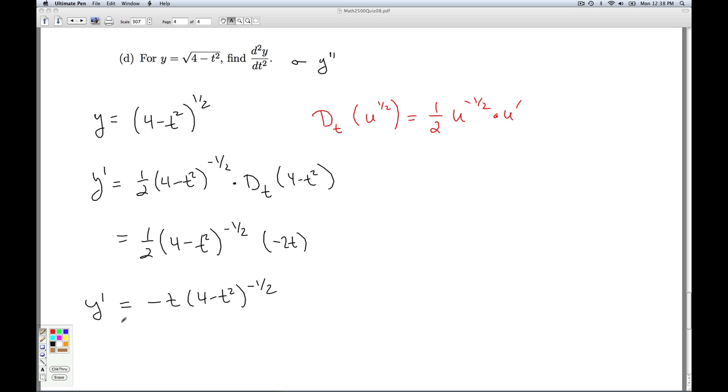Now to take the second derivative, I need to take the derivative of this. The last thing I would do in this operation is I would take this and multiply them. So that means I'm going to be doing the product rule.